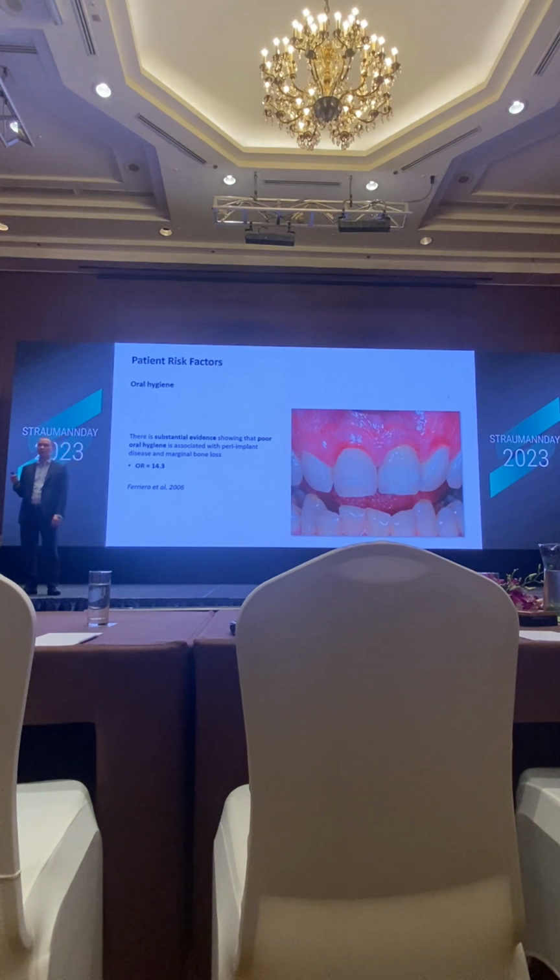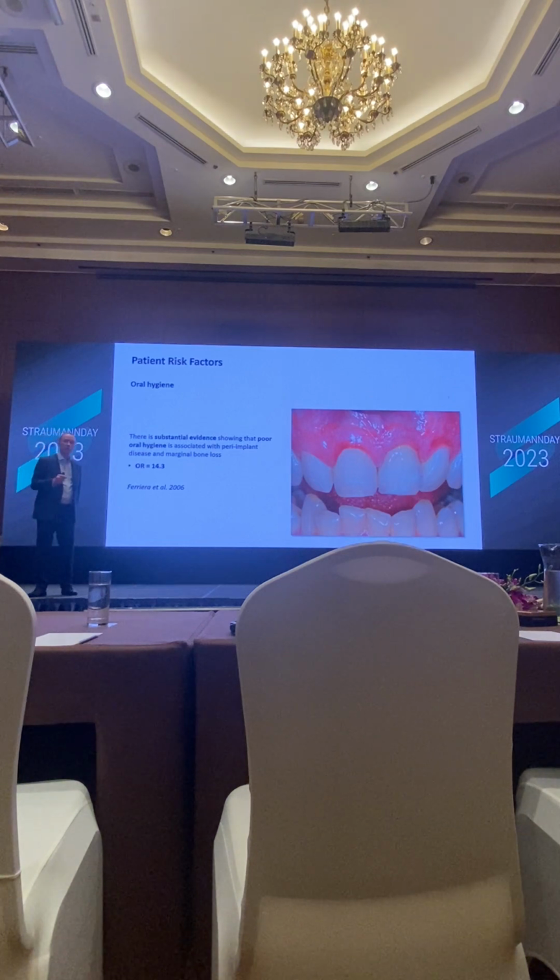The odds ratio is, what are the odds of someone developing a condition or a disease that has the risk factor compared to what the odds of another person getting the disease without the risk factor. So the disease is peri-implantitis, the factor is oral hygiene. And if the odds ratio is 1, it means they are equivalent. They have the same risk. If the odds ratio is 2, it means there's a 100% greater risk.